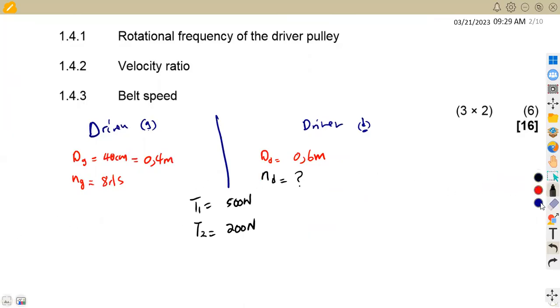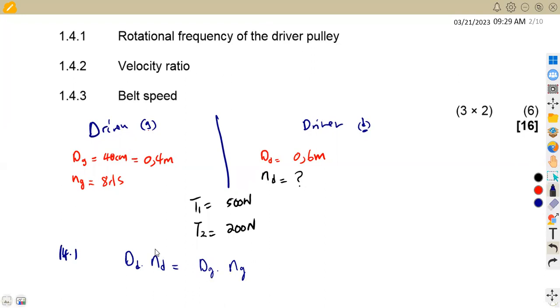Remember, from our ratio concept, the ratio of diameters and so forth, we understand that the product of the diameter of the driven and the rotational frequency of the driven, which is nG, is equivalent to the diameter of the driver times the rotational frequency of the driver, nd.